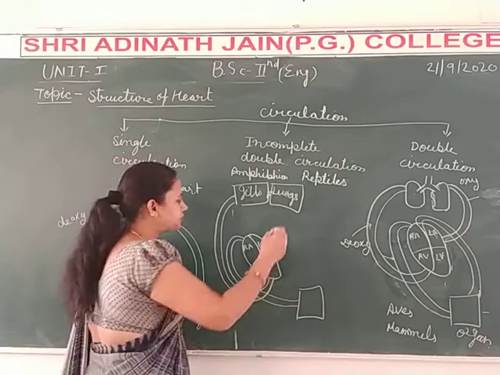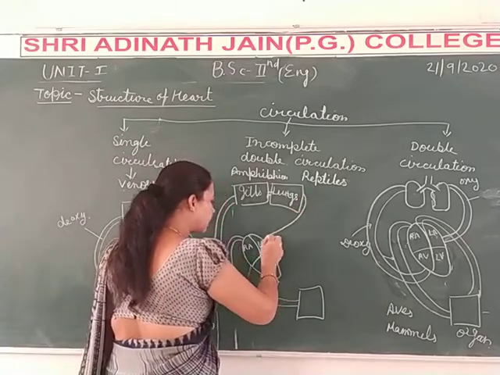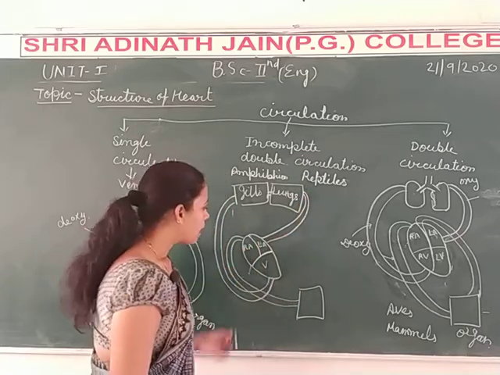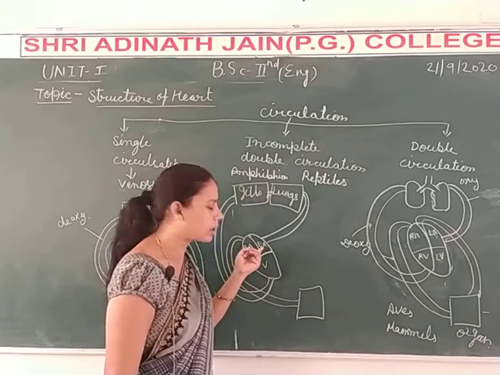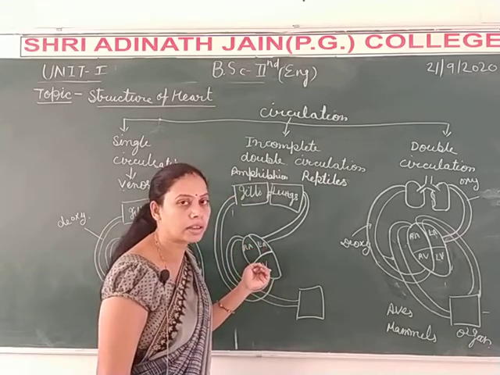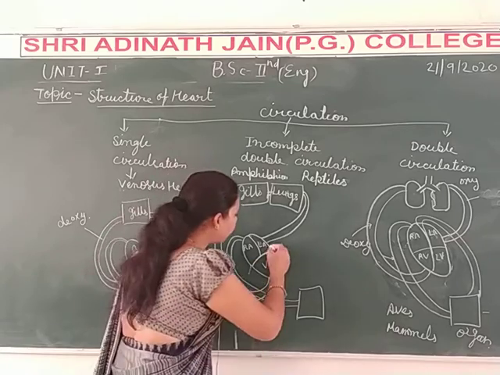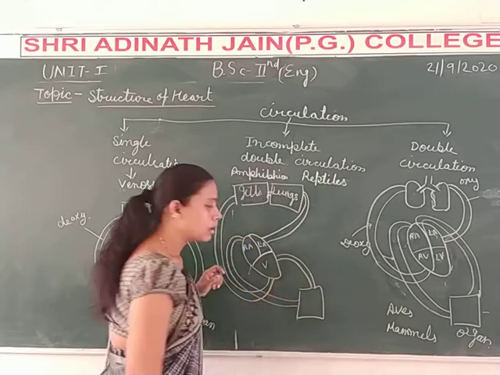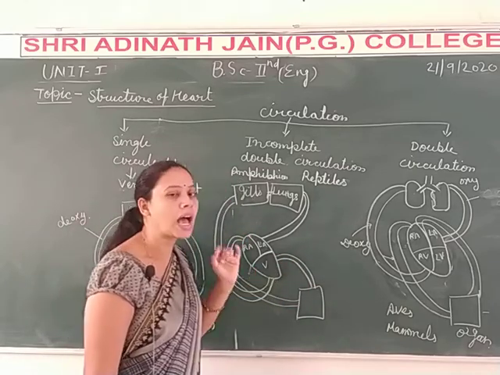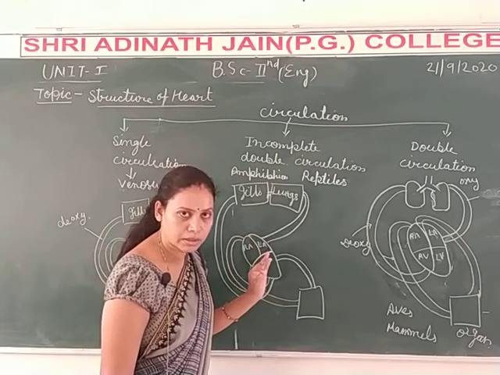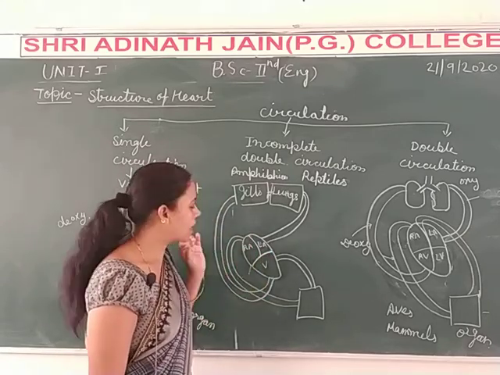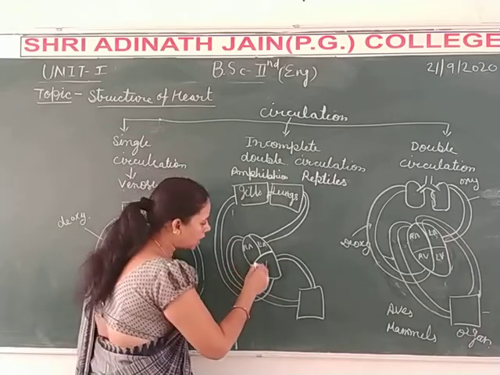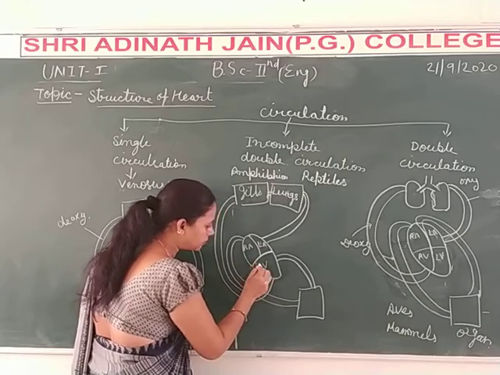From the lungs, the blood enters into the heart, into the left auricle, and the blood is sent to the ventricle area. But the ventricle is not divided, so their ventricle has a mixing of blood. They have some mixture of blood because from the right auricle they have deoxygenated blood.